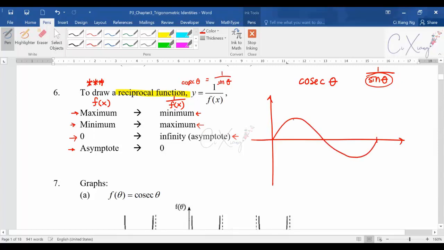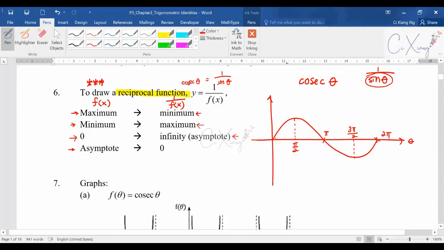If you want, you can label it. This one is pi over 2. This one is pi. This one is 3 pi over 2. And this is 2 pi. This is theta, and this is your y.